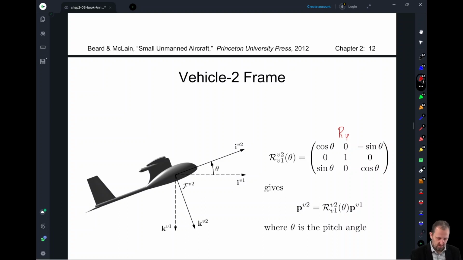So we had I in vehicle 1, and I do apologize, in the 3D graphic we had it pointed down. But we're going to define a new frame. We'll call it the vehicle 2 frame, where all we're doing is a rotation about the y-axis until the I in the vehicle 2 frame aligns with the nose of the aircraft.